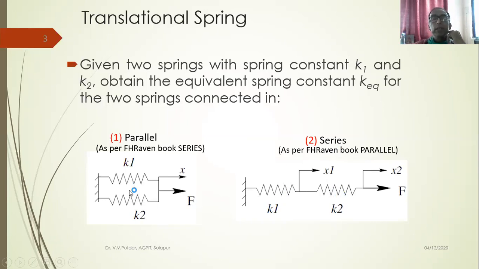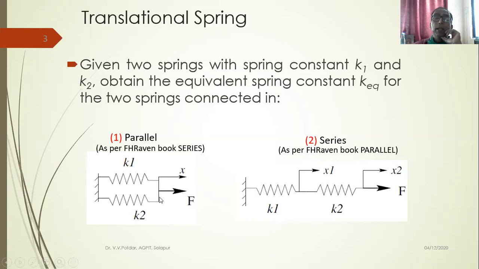What is the difference between this parallel arrangement and series arrangement? Here, in this arrangement, this force F is shared by each of the springs. Please listen to me very carefully. This force F is shared by spring K1 and K2, right? And both are subjected to displacement X. In this arrangement, both are subjected to displacement X. Whereas in this arrangement, with springs having stiffness K1 and K2, what is happening?